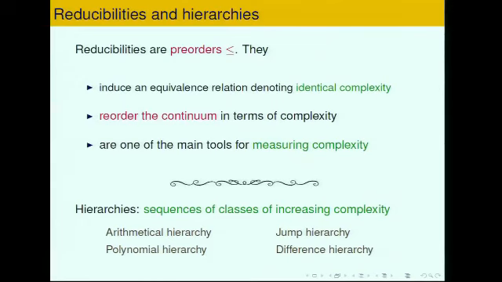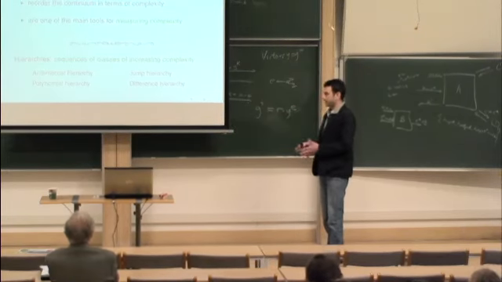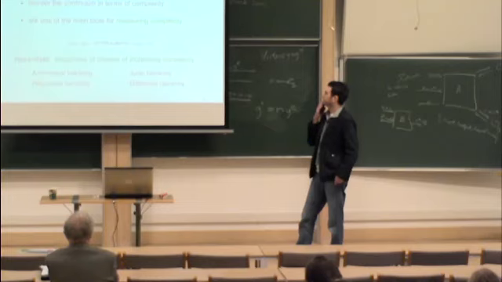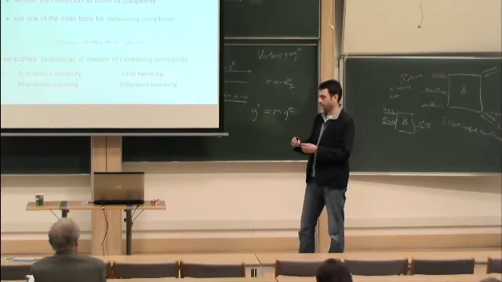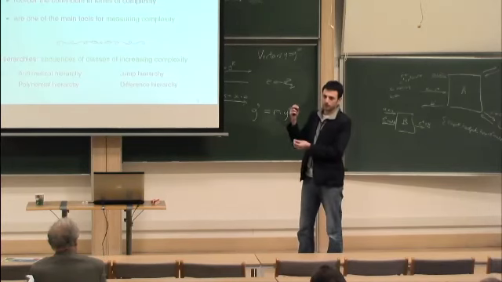And of course, a reducibility must have some intuition connected to measuring complexity. But what happens is that essentially we reorder the continuum, the real numbers, in terms of complexity. So the real numbers are not linearly ordered anymore, but if a real is above another real, it means it's more complex.